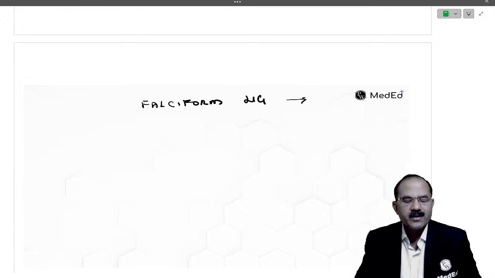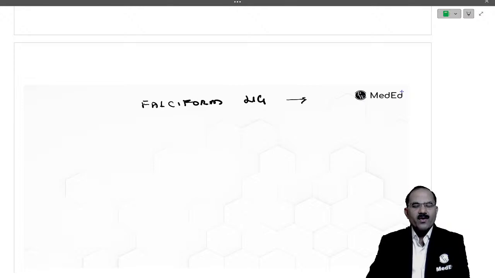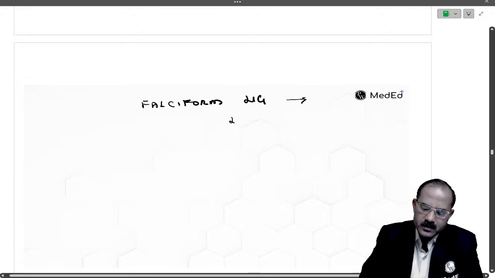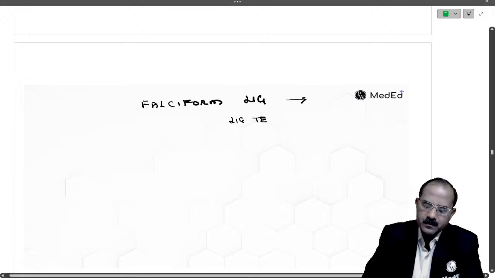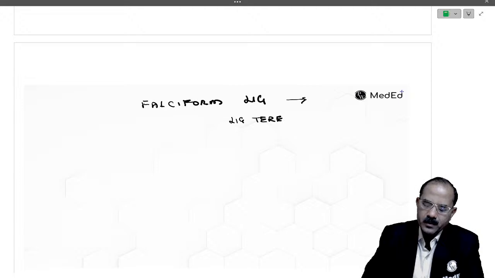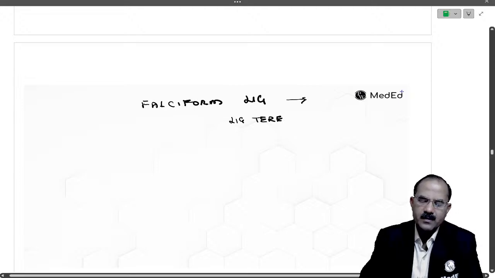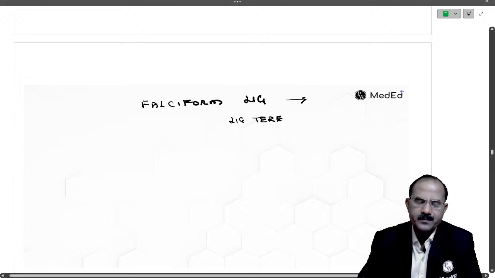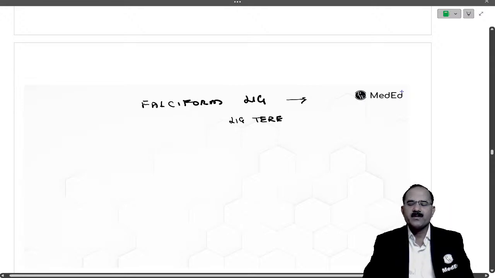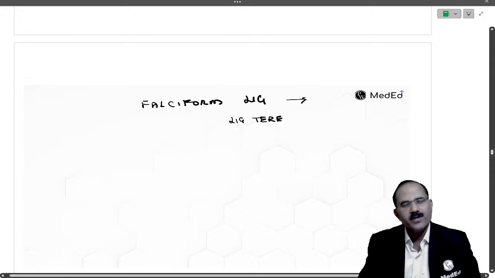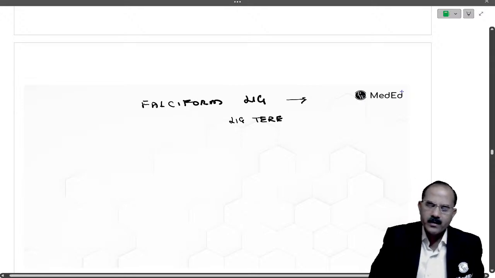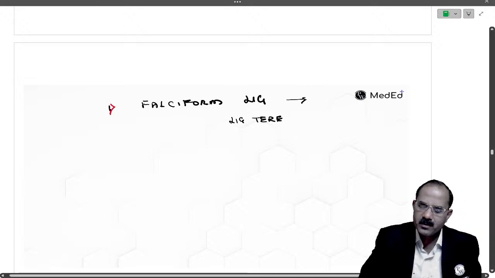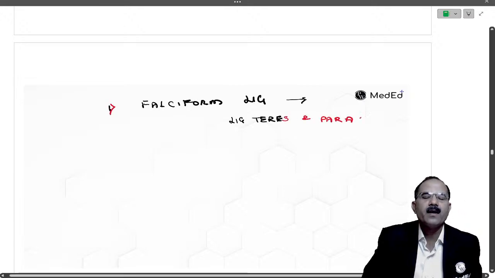Falciform ligament contents. Any guesses? What are the contents of the falciform ligament? One is the ligamentum teres. We are talking about the ligaments of liver. Number one is the falciform ligament, containing the ligamentum teres and the para.